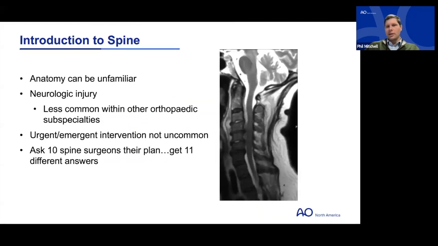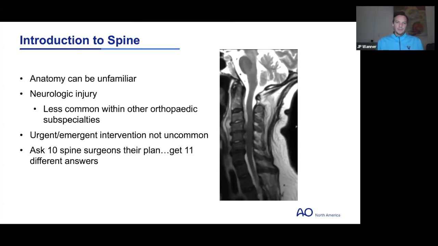A medical student shows up to clinic. What are you telling them about what it's like to be on the spine rotation? Yeah, kind of what we had talked about before, and I definitely felt this as a medical student when I was first introduced to spine, and there's a lot of trepidation, right? It's a little unfamiliar territory. It's a little different than any of the other orthopedic subspecialties, and so I think there's some fear that goes along with it.